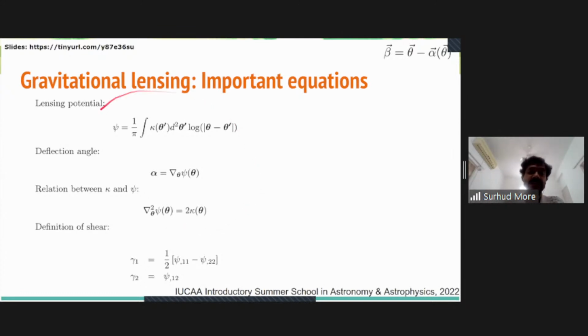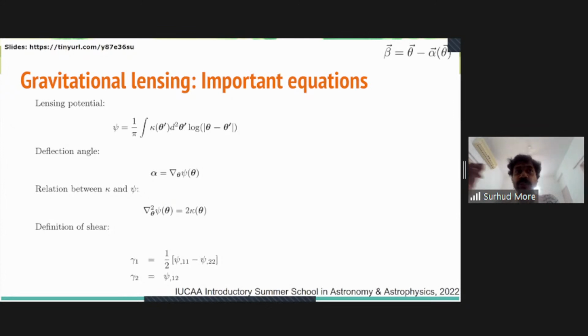So there is a commonality and similarity between these equations. One is a 3D equation, and this is just an equation in 2D, and that's the reason why there is a log here instead of the 1 over r that you're used to.